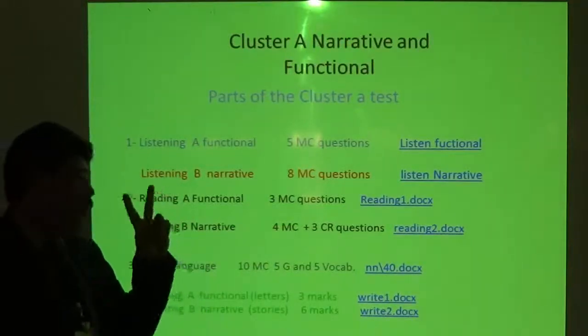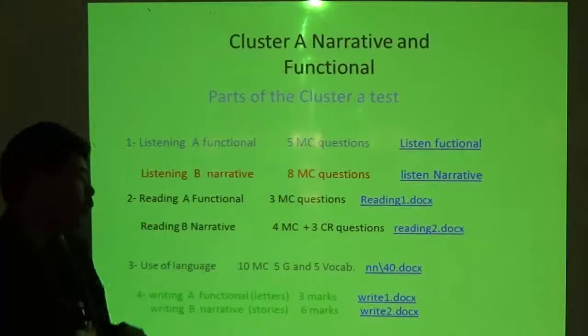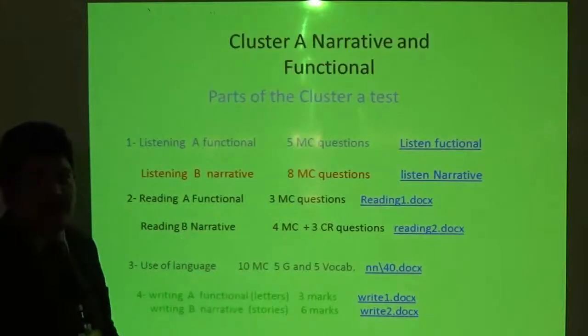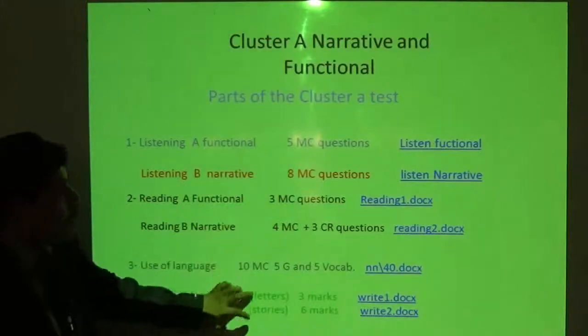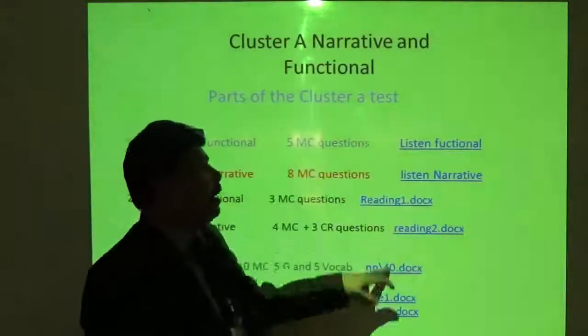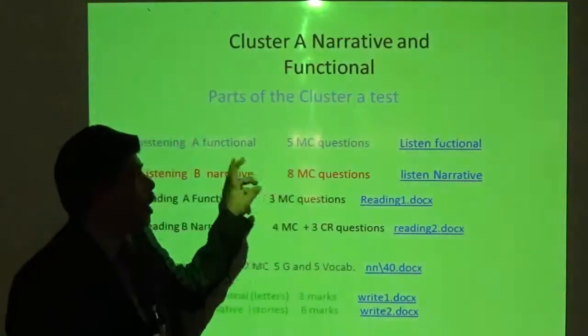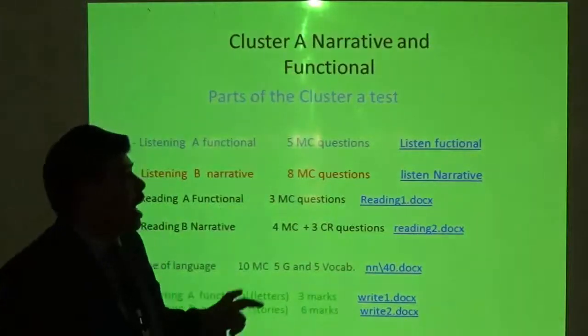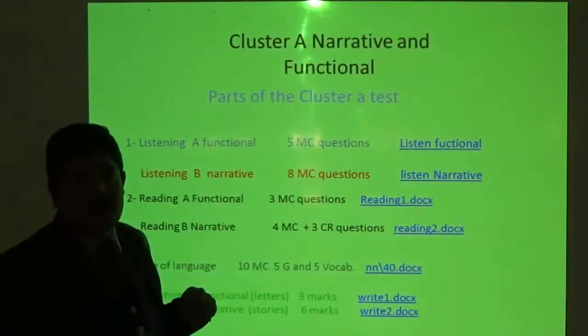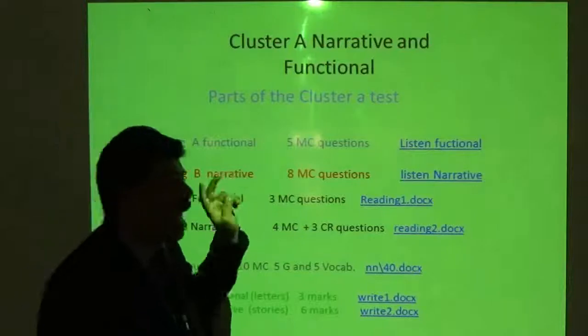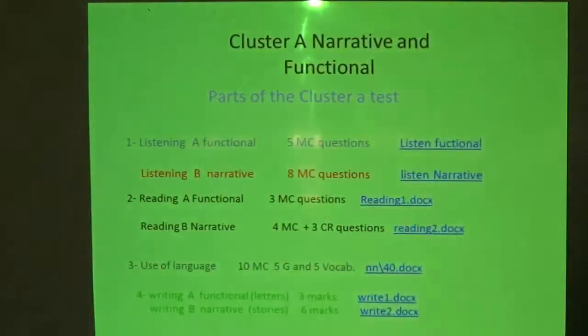You are going to have 2 stories and you choose one to write about. This is the narrative, the last part of the test. As you can see, we have a hyperlink here to deal with each part of the test. We'll have a look at each part and see how the questions are going to be.